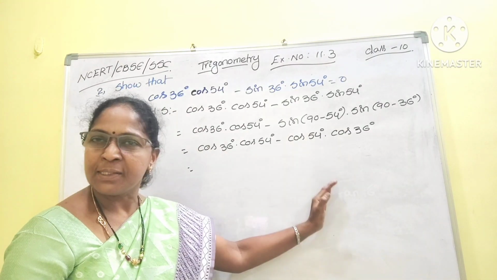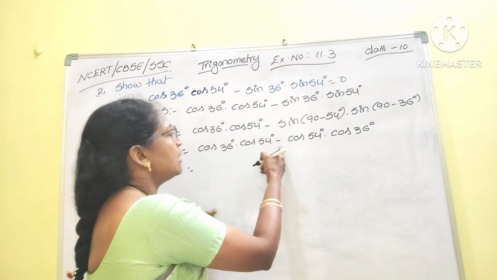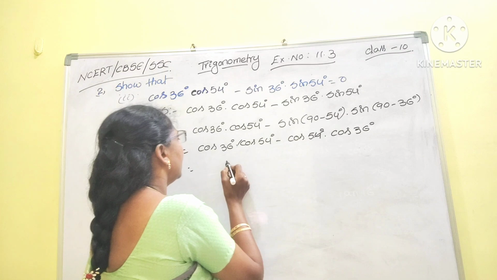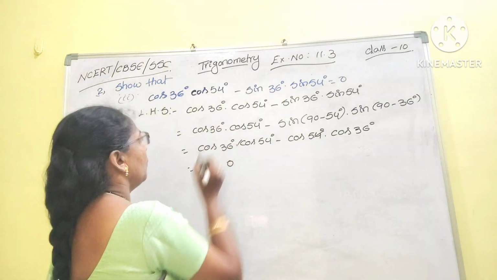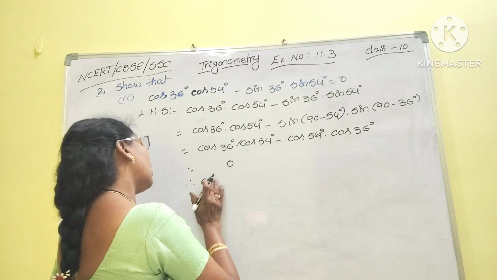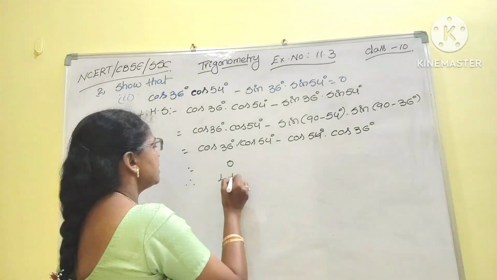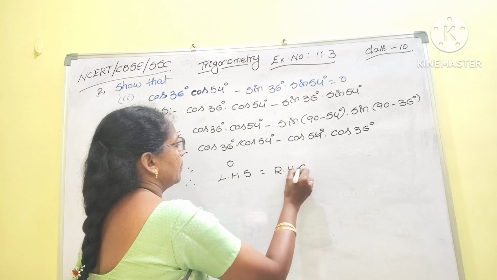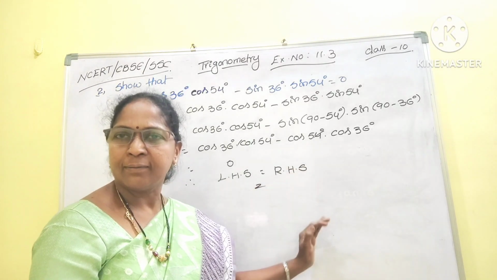Whenever both terms are the same, one is a plus and another one is a minus, you can directly cancel the terms and get the value 0. Therefore, we directly show that LHS equals RHS. Yes, we proved it here.